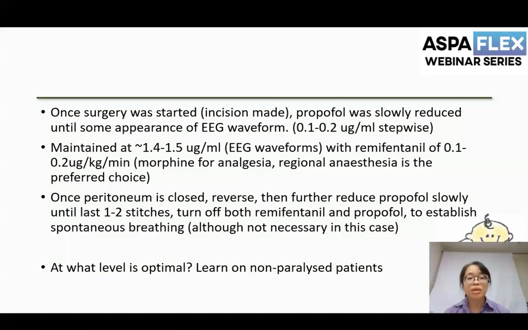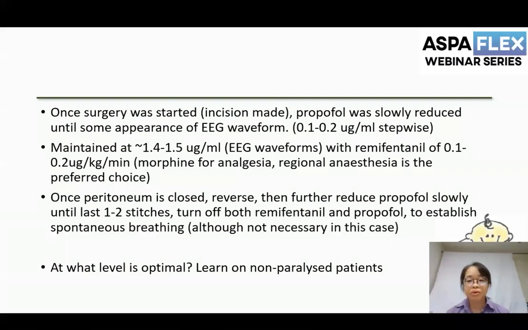Now you may ask at what level of propofol is optimum for this age. I would say it's difficult to judge. We are all still in the learning process, so it's best to learn on non-paralyzed patients, as you know that it's very difficult to get an awake child to stay still.